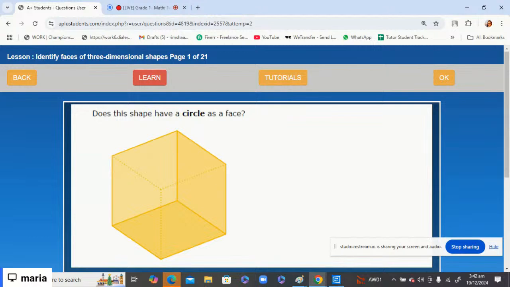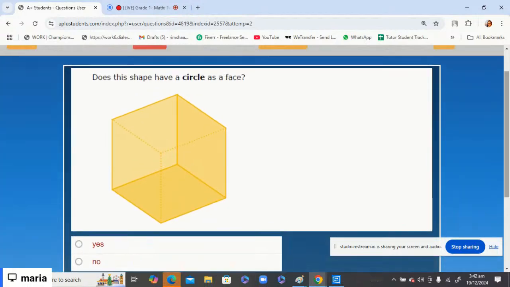So, does this shape have a circle as a face? Check it out. Is there any circle in it or is there only squares in it? Check it out, everyone. Does this shape have any circle or is there a square?